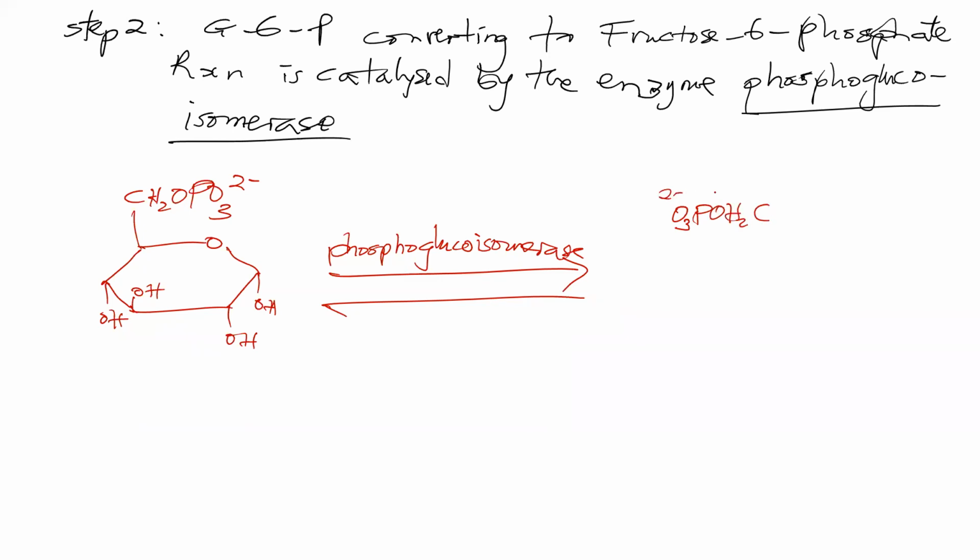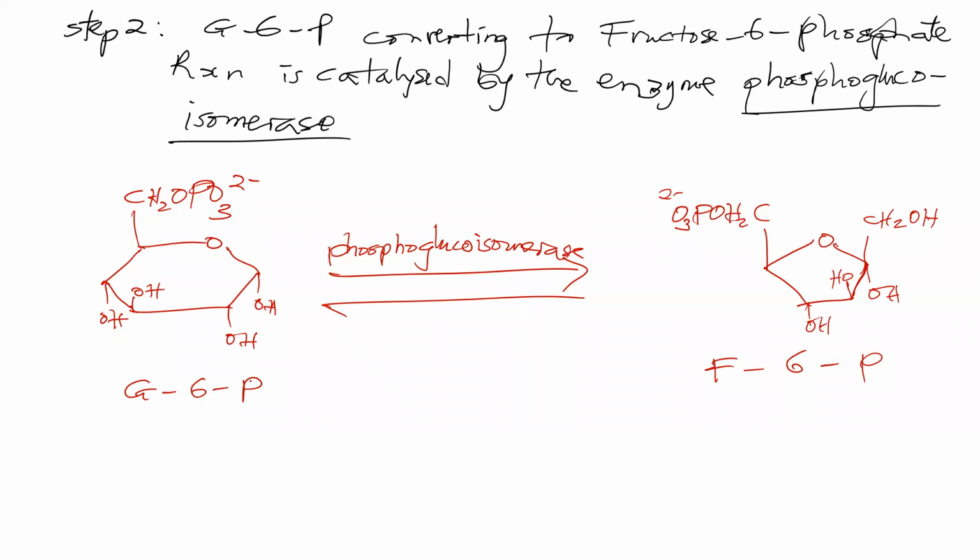That is 2 minus. There we have a CH2OH. We have an OH on top, and an OH down. So here, this is fructose 6-phosphate. And here I've got glucose 6-phosphate.